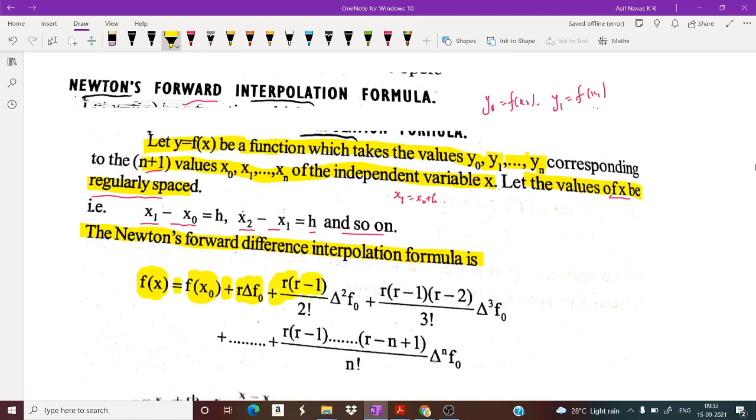Plus r into r minus 1 divided by 2 factorial into delta square f naught, plus r into r minus 1 into r minus 2 divided by 3 factorial into delta cube f naught, etc., up to r into r minus 1 into etc. r minus n plus 1 divided by n factorial into delta power n f naught.